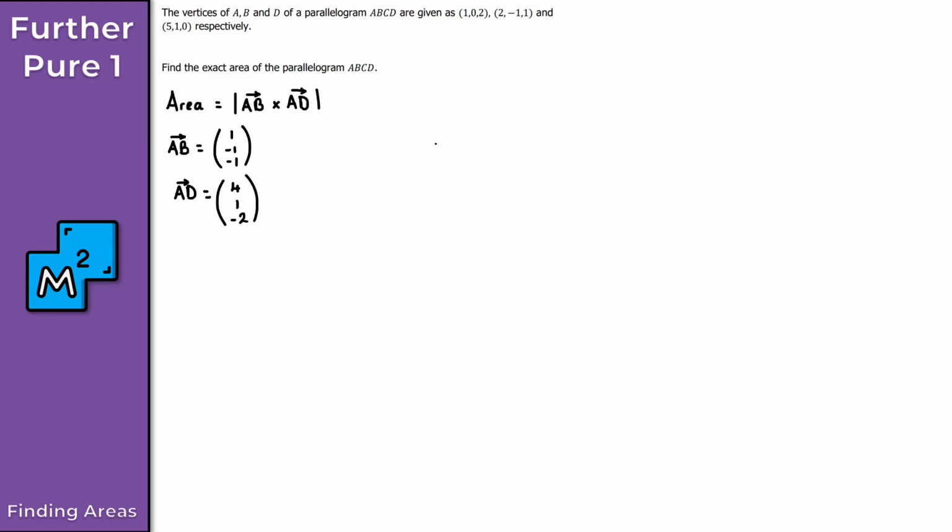Okay, so now what we need to do here is find the cross product of these two vectors, AB and AD. So let's do that over here. For AB cross with AD, I'm going to use the determinant form to find this. So this is the determinant of a 3x3 matrix.